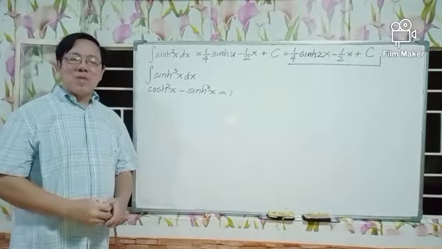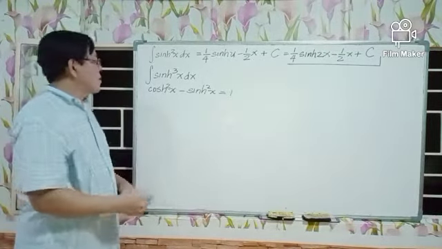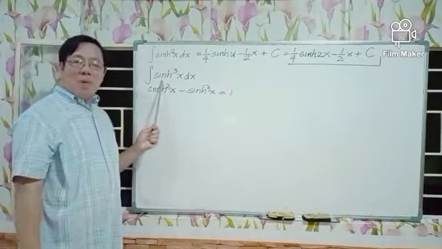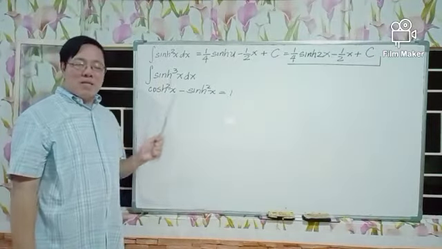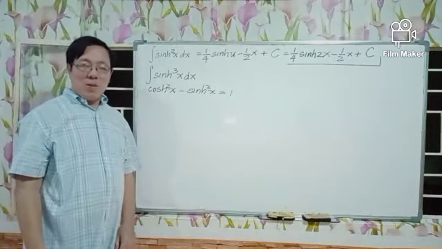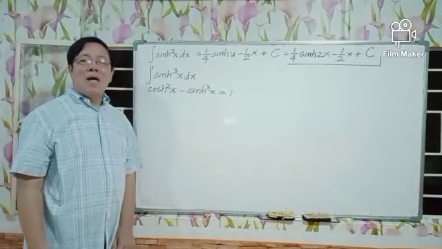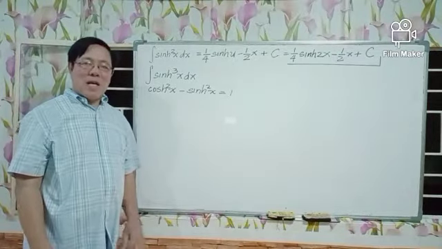And to make use of this particular identity, we write the cube of hyperbolic sine of x as the product of the square of hyperbolic sine of x and hyperbolic sine of x.